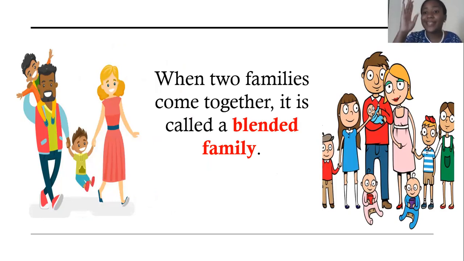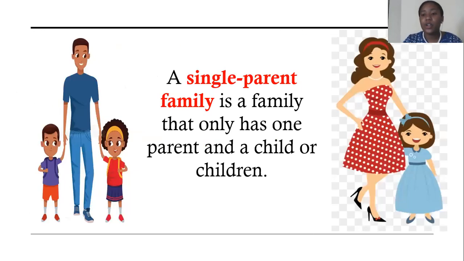When two single parent families come together, they create a new family and we call it a blended family. Okay, so let's go back to single parent family. So let's look at this example. If this family comes together with this family, it will make a new family. This is a single parent family here with the mom and the daughter. And this is a single parent family here with the dad, the son, and his daughter.